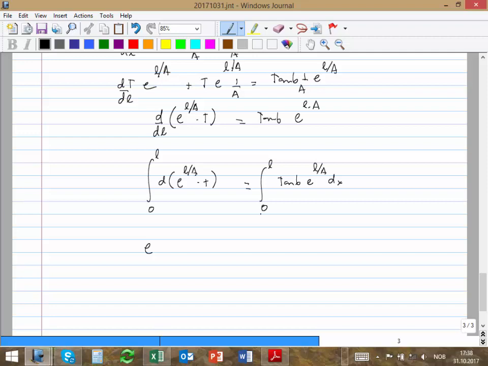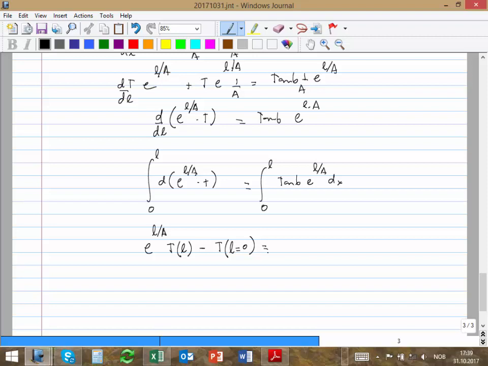So at the end I end up with e^(L/a) T at L, minus this one will be exactly T at L equals 0, because the other one, e to the 0, will give you 1.